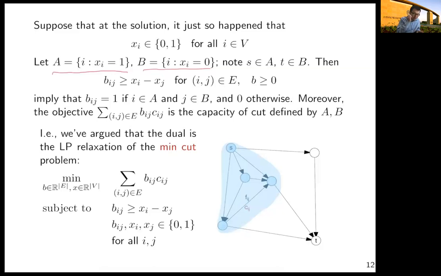And if i is in A and j is in B, in which case it means that we are cutting through this set, then this Bij is equal to 1. Otherwise, Bij is equal to 0. In other words, Bij collects all the edges that you have to cut in order to separate the nodes into group A and group B.